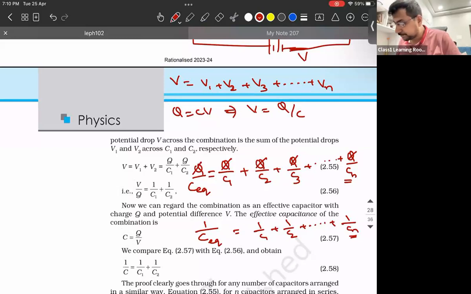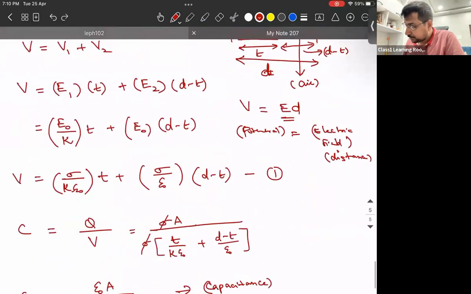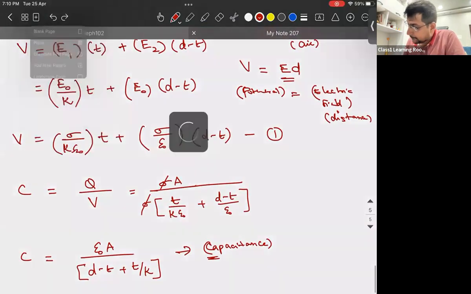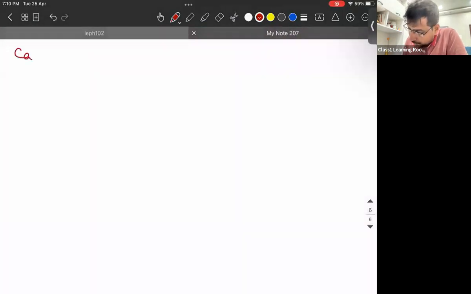So next, the next concept is capacitors in parallel.